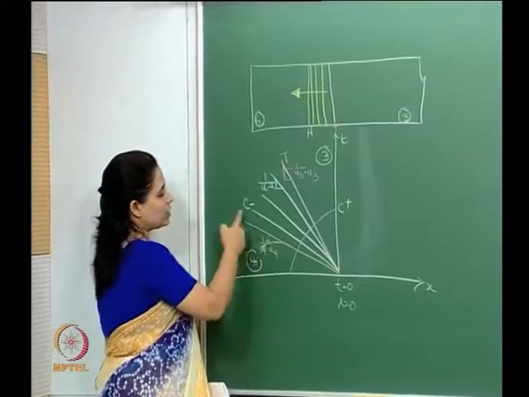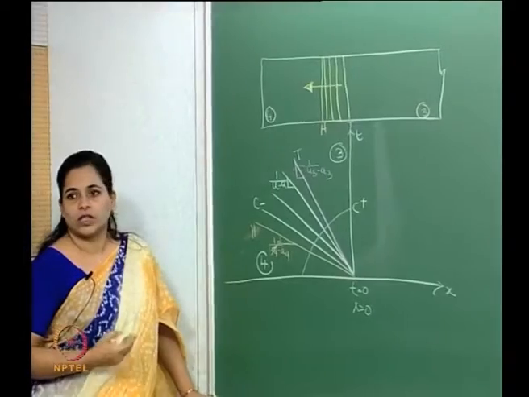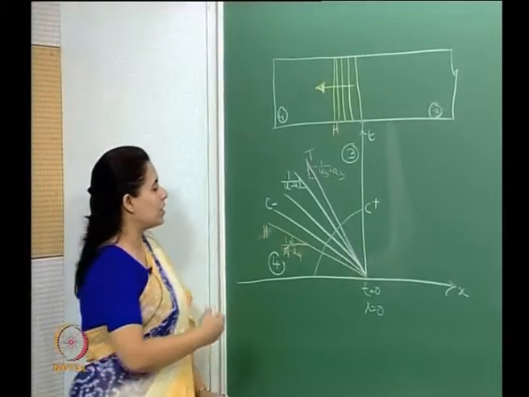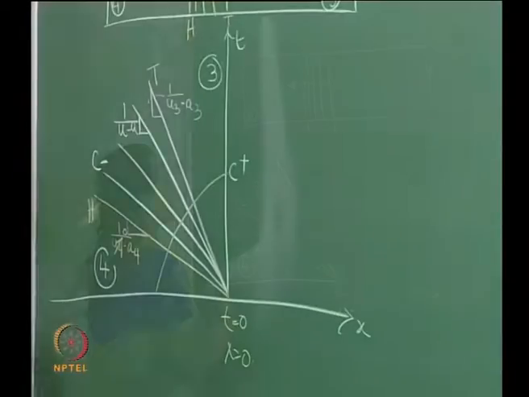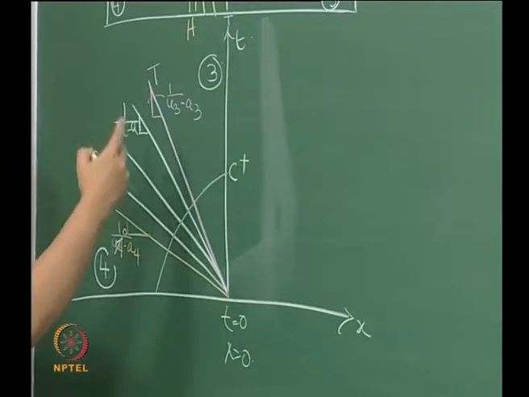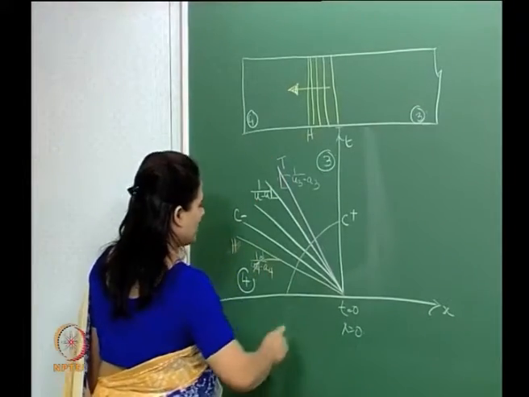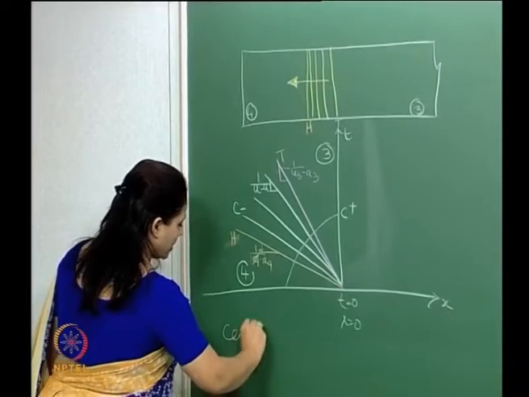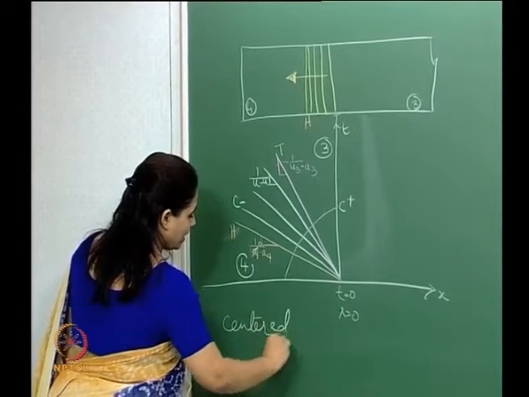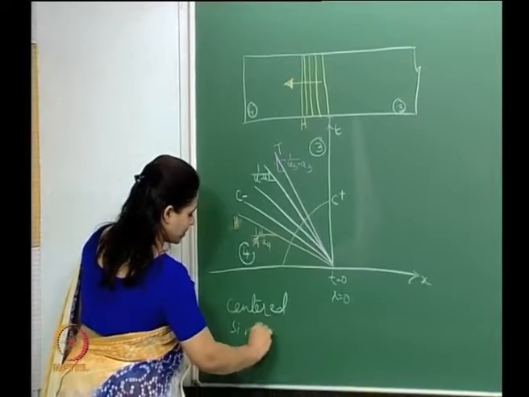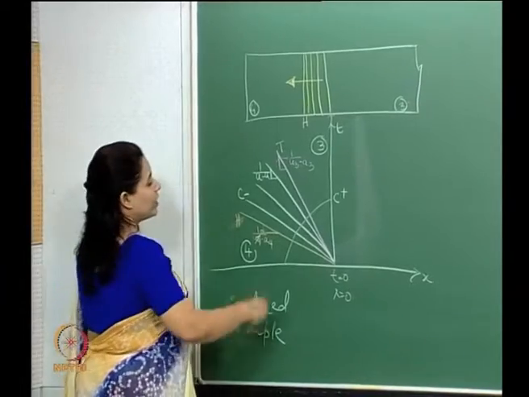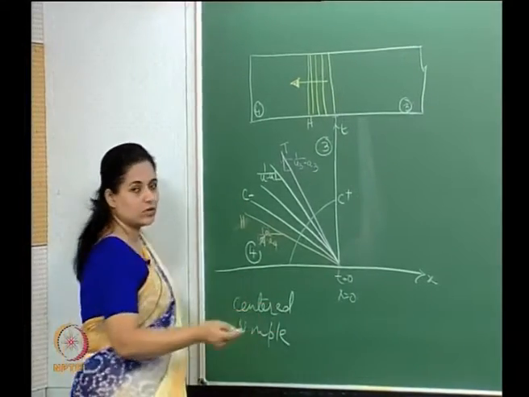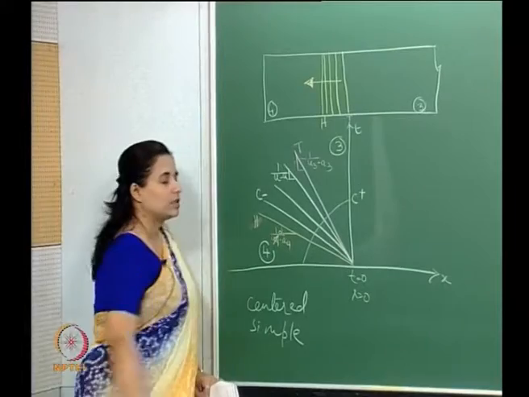In a general case they don't have to be straight lines. For this particular case we proved that yes, these are straight lines. So in a shock tube what we have is a centered simple wave, simple because it's a straight line, and centered because it's centered.